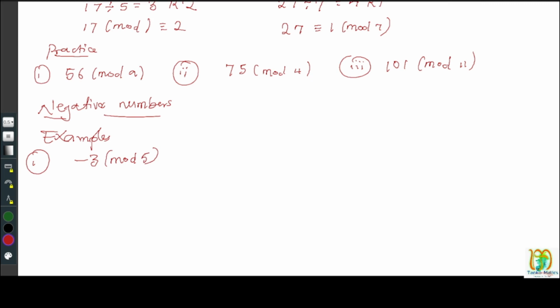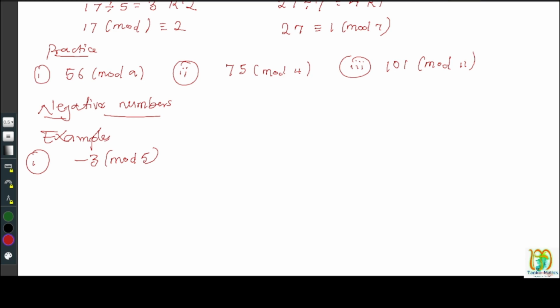First, what can I add to -3 to make it a positive number? Please remember our baseline here is 5 because we are doing mod 5, so whatever we're adding is in multiples of 5. The least multiple of 5 that you can add to get a positive number is what we are looking for.